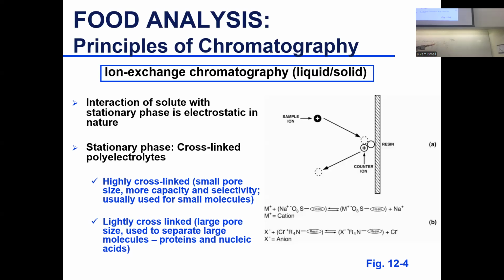This has 4 net negative charge, 3 negative charge, 2 net negative charge. There are different density of charges. And the one that is most negative will interact the most, and the least charged will elute first. So that would be the order of elution.